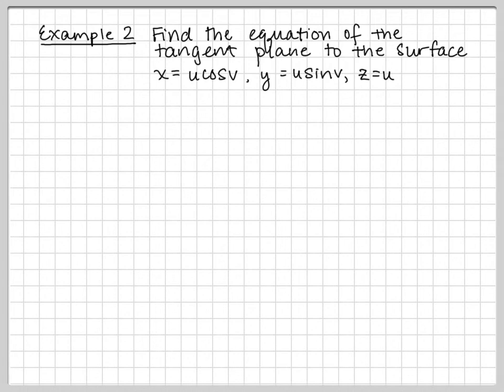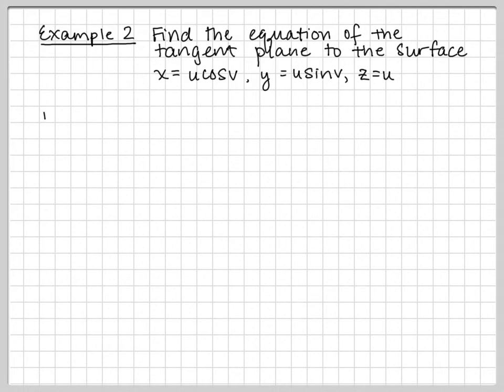And we could prove that by getting rid of the parameters and writing an equation only in x, y, and z. So here we're going to find the equation for a tangent plane at any point. A point is not specified, so we'll just say at the point x sub 0, y sub 0, z sub 0.